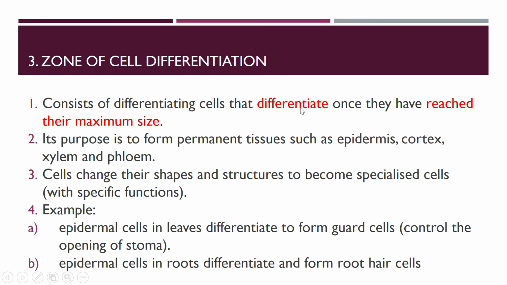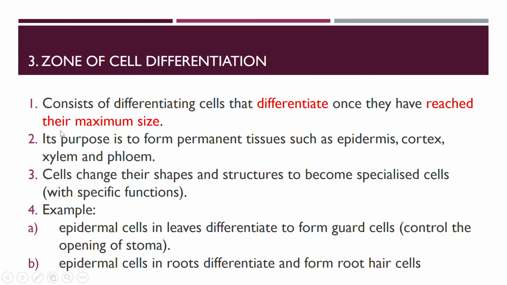Differentiate. Maksudnya mereka ni mau jadi specialized into something sudah ni. So its purpose is to form permanent tissue. Boleh nampak dia punya hubungan tak? From meristematic tissue bagaimana jadi permanent tissue. Maksudnya permanent tissue tu memang asalnya meristematic tissues.